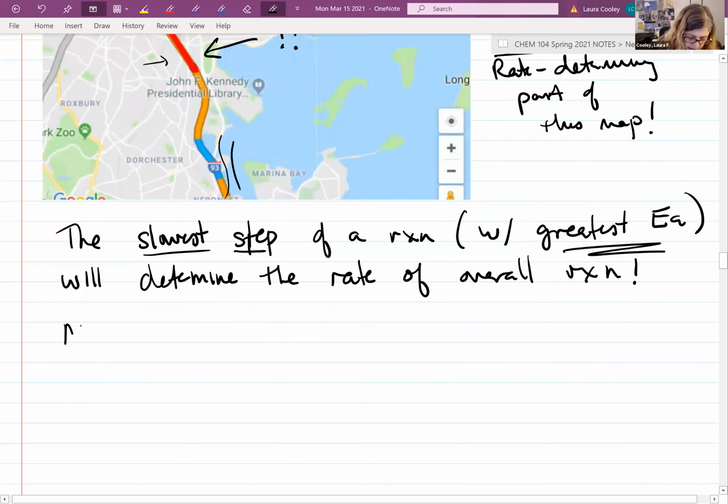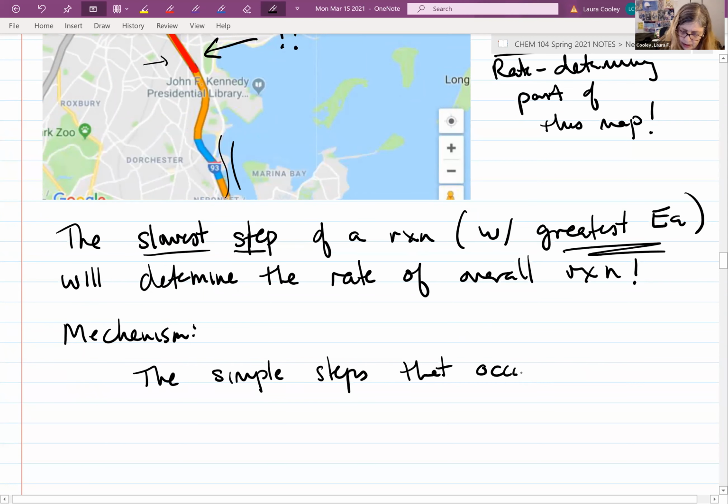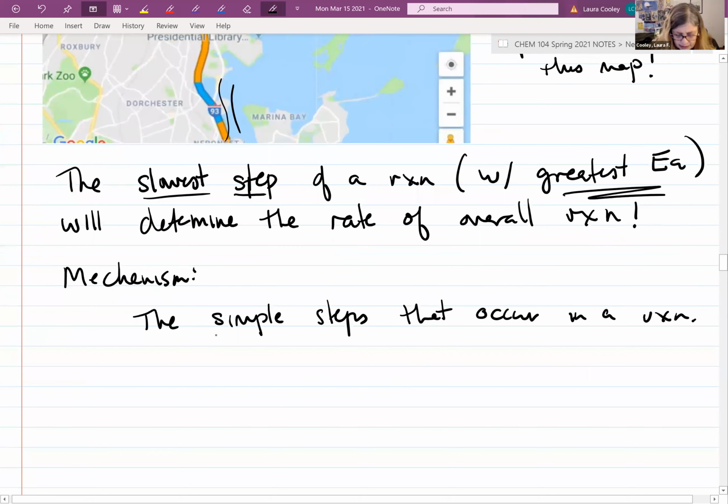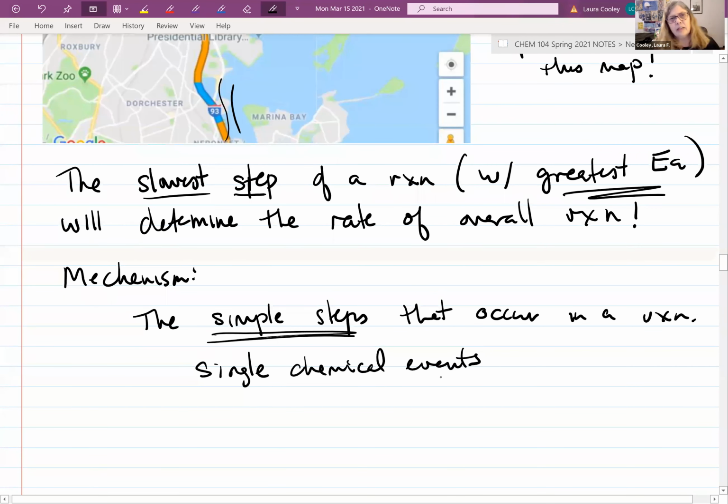So what a mechanism is, is the simple steps that occur in a reaction. But I mean something very specific about the simple steps. These are single chemical events, like a collision between two molecules, or one molecule just turning into a carbocation or something like that, okay?